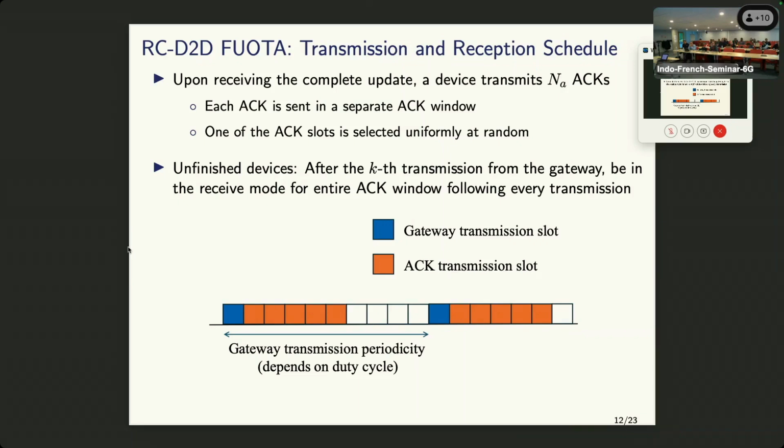One will be transmitted within this window, the other one will be transmitted within this window, and so on. So in a single window, they're not going to transmit more than one acknowledgement. Then how do I find the slots within which that acknowledgement will be sent? That will be picked at random. So it's basically just to reduce the probability of collision, it is this random back-off mechanism we have implemented.